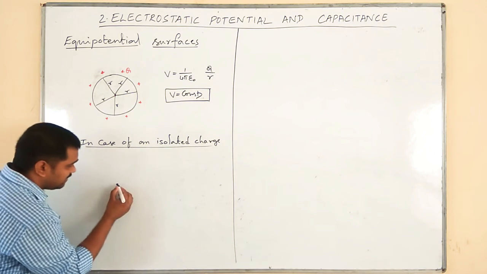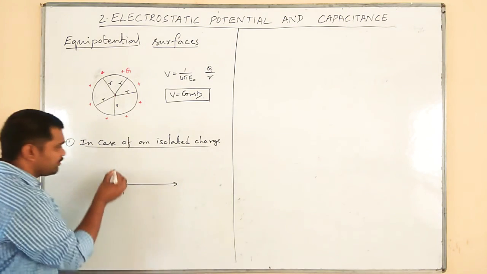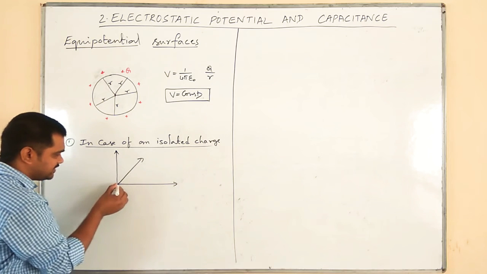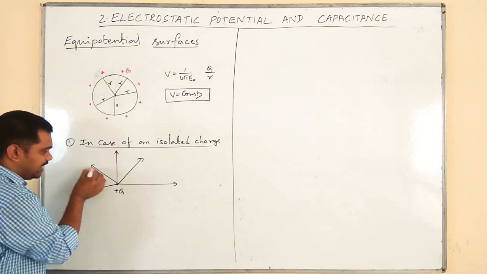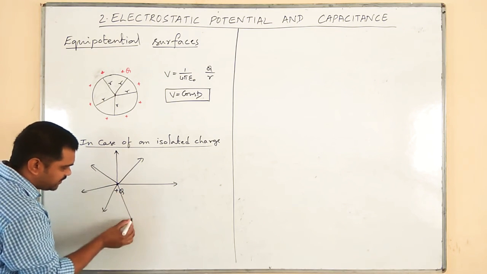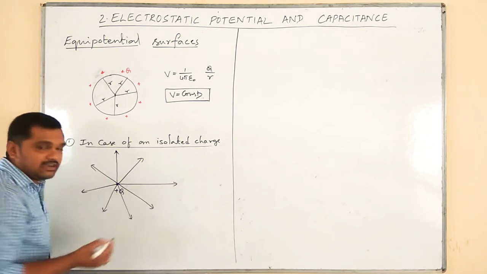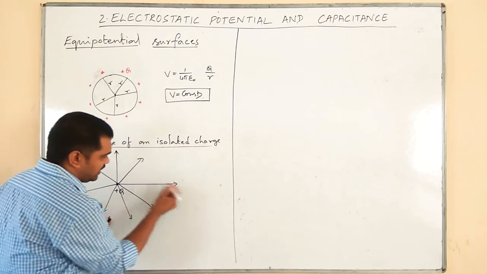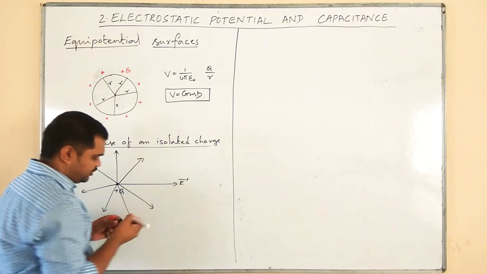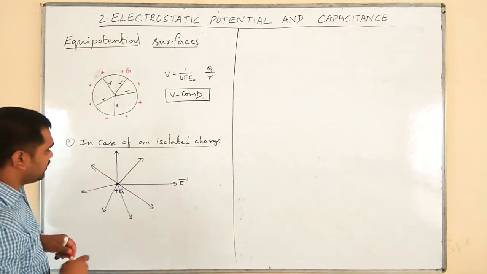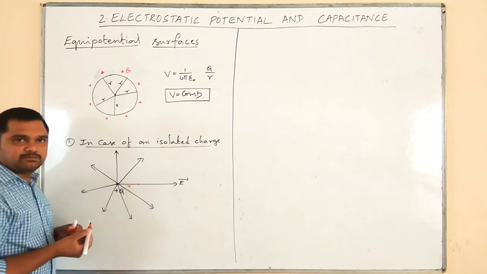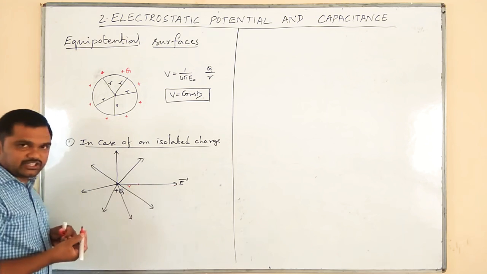We know that the direction of electric field from this isolated positive charge is radially outwards. It means they start from the charge and end at infinity, isn't it? I will take only this axis as the direction of electric field. Now, let us consider a point at a distance some small r along this direction.